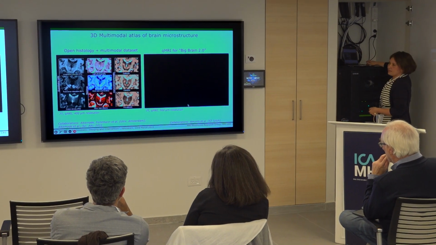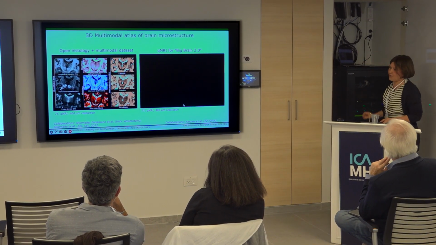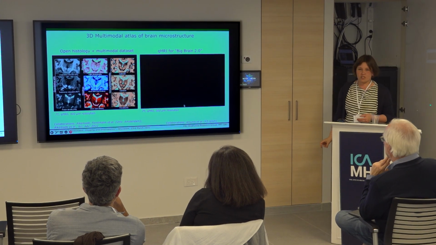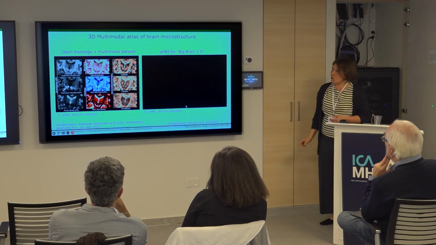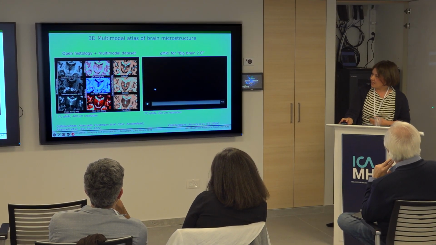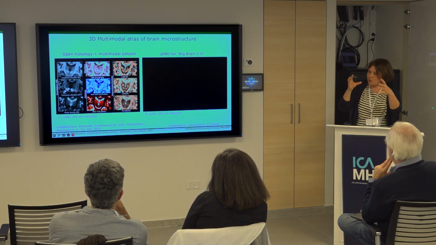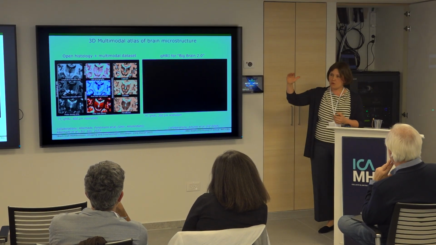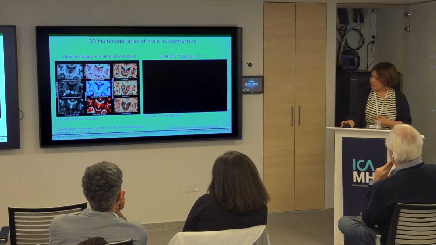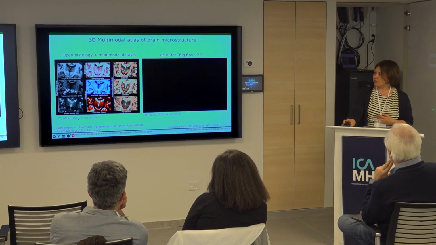So what we have done, we used our collaboration with the group of Birte Forsman in Amsterdam, where we acquired a 3D multimodal data set. It's a data set where we had several brains, which we scanned with MRI with a multimodal approach, at very high resolution, 400 micrometers.